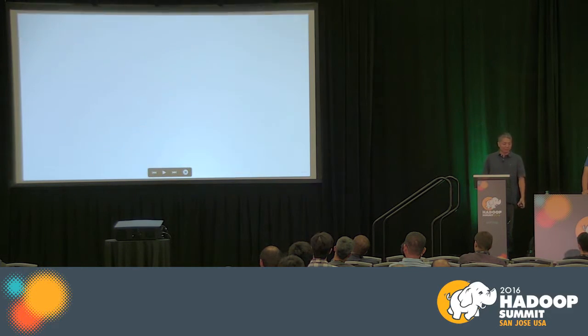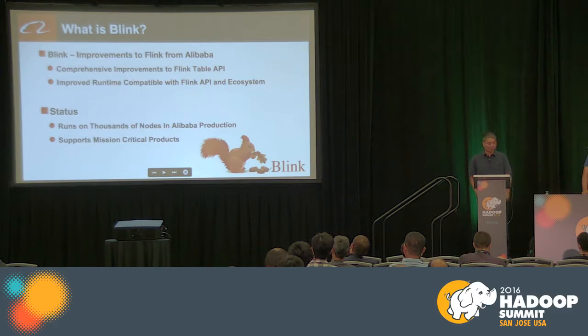And that's how we started the Blink project. Blink is a project we started at Alibaba to make sure Flink is really up to production quality at a very large scale. And the name Blink tells you the latency of its process. It will finish your stream in a blink.